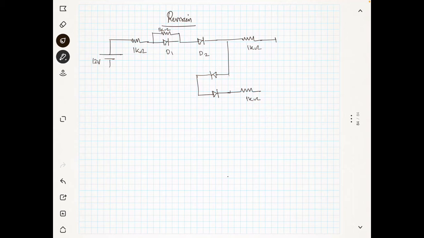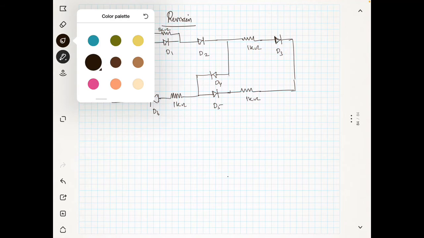And there is another diode here which is D3. This is connected here like this, and this is D4, and this is D5. And from here there is a 1 kilo ohm resistance, and this is your D6, and it is going to the negative terminal of the battery. Now I will mark some currents.